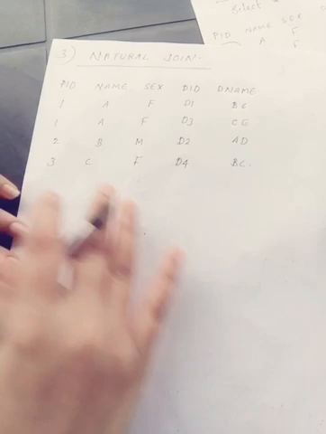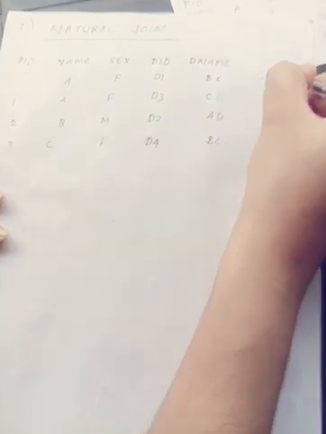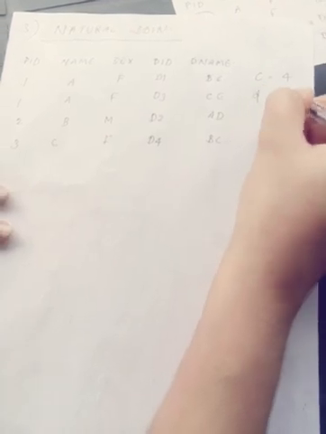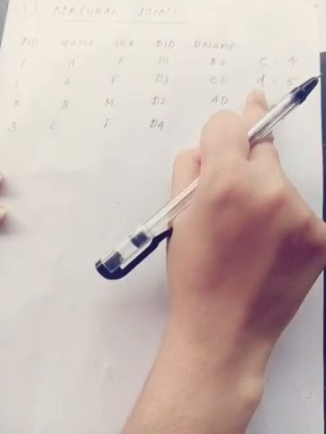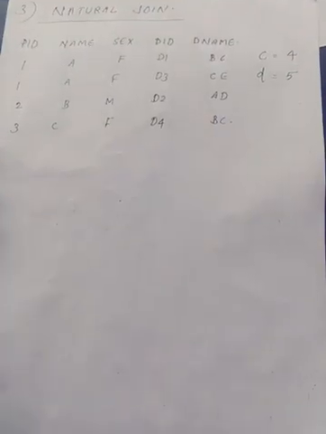So this is the output of natural join. Here the cardinality is 4 and the degree is 5. So the difference is that in the degree, the number of columns should be reduced by 1. The duplicate column should be removed. That is the difference between natural join and equijoin.